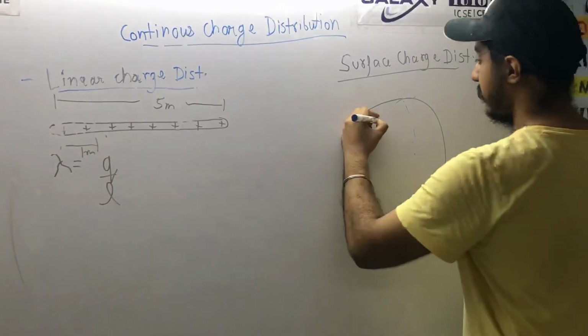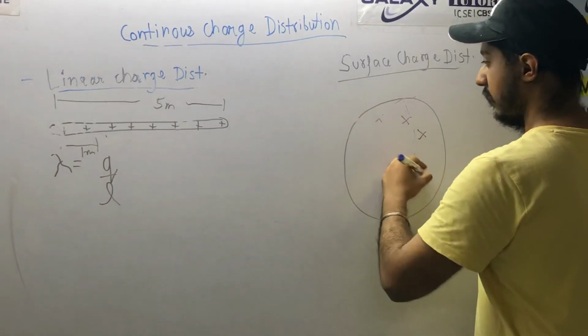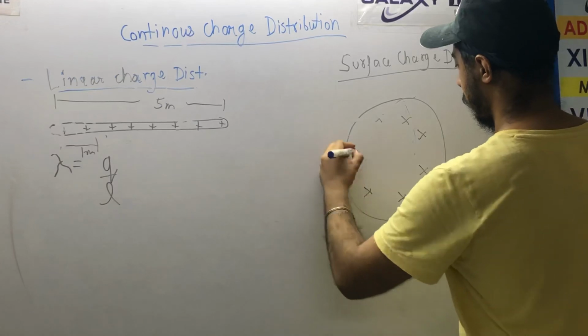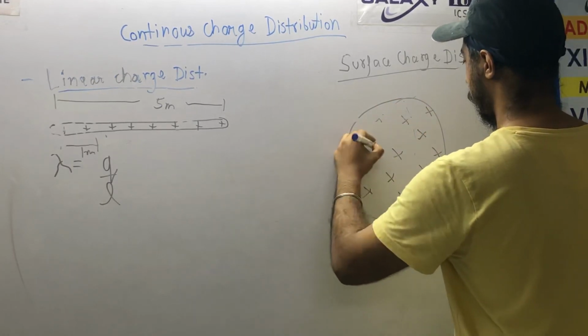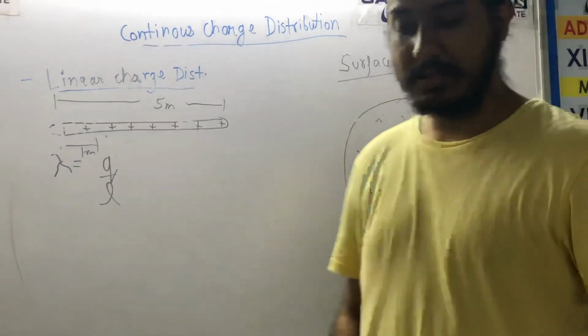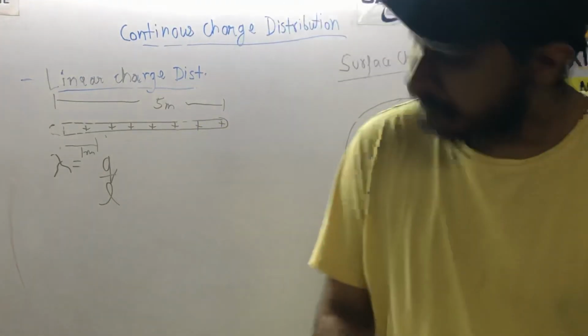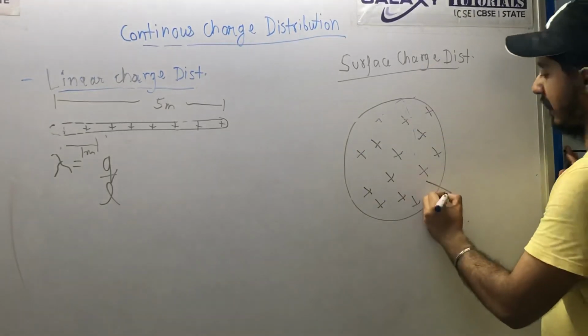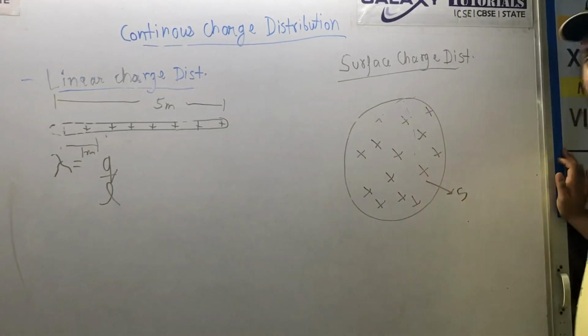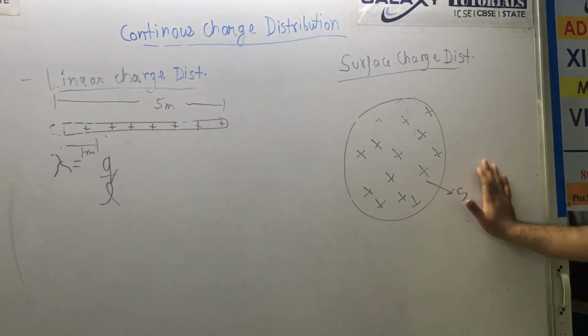The important thing here is that the charges are distributed equally along this surface area. I will call the surface area S.